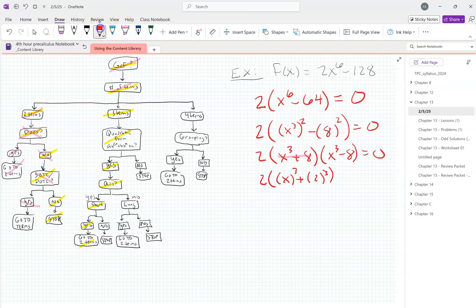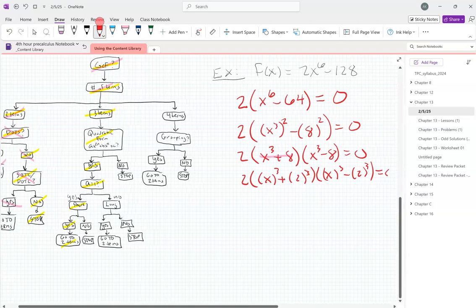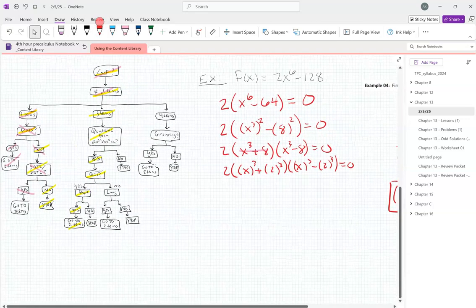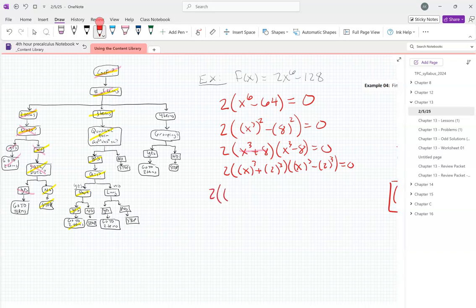And then obviously we can do the same thing with the minus 8, right? Everybody okay there? So if I apply my sum and difference of 2 cubes factoring patterns, I'm going to have x plus 2 times x squared minus 2x plus 4, and then x minus 2 times x squared plus 2x plus 4 equal to 0.